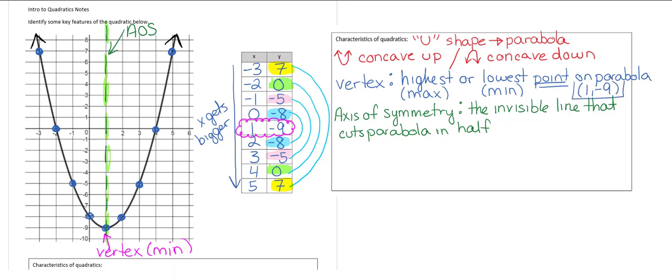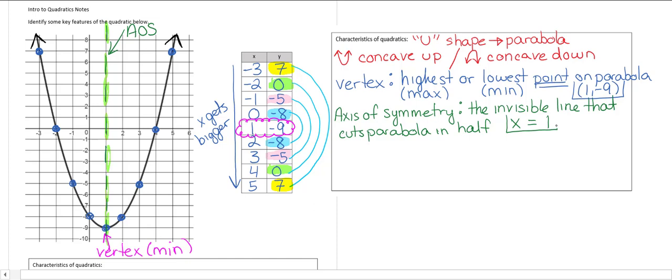When we talk about our axis of symmetry, it's a line. So our line, we're always going to write it as x is equal to some number. And in this case, that x value is going to be the same as the x value for our vertex. So our vertex is a point, x comma y. Our axis of symmetry is a line, x equals something.